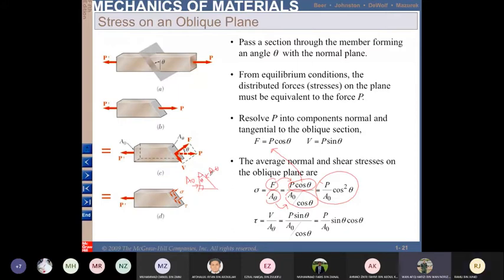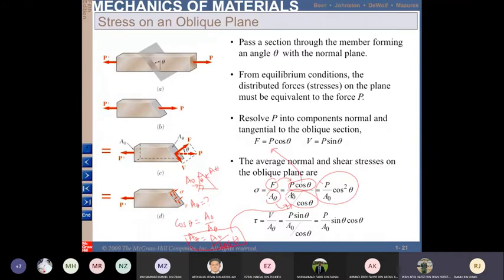So what is A theta? In order to get A theta, you have to do cos theta equal to A original over A theta. So A theta equals A original over cos theta. So that is why you got this becoming this.